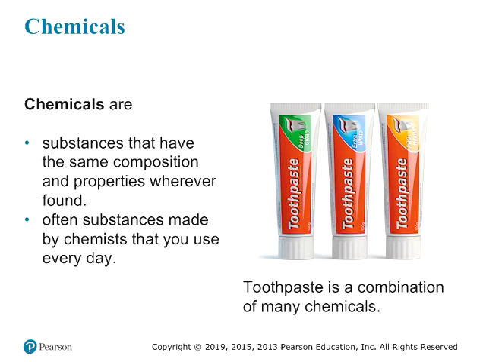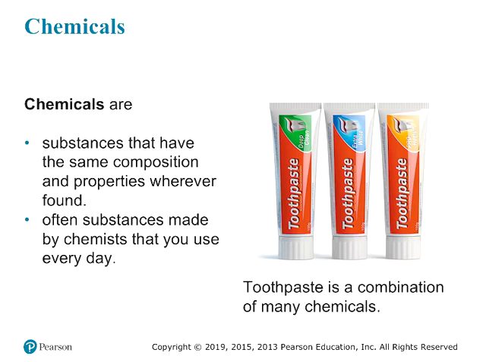Now, chemicals are substances that have the same composition and properties wherever they are found. So chemicals can be found in, for instance, toothpaste. Toothpaste is a combination of many different chemicals. And there are different types of toothpaste.